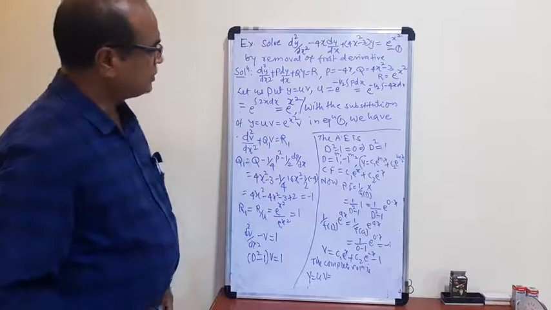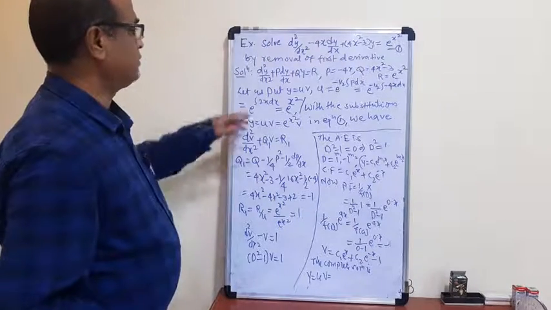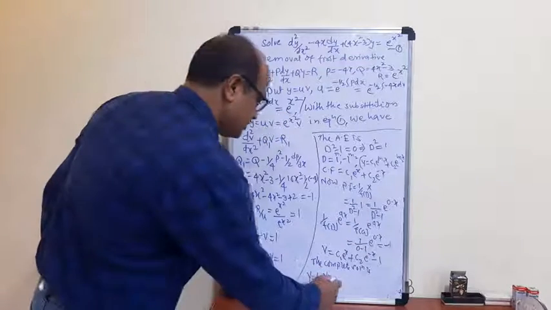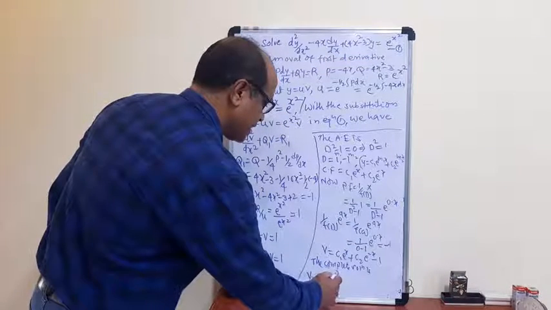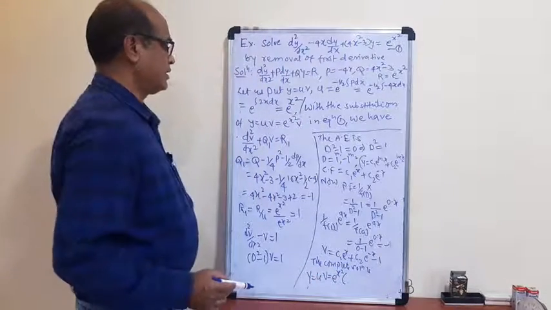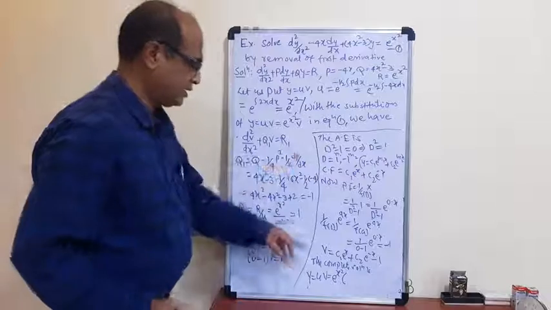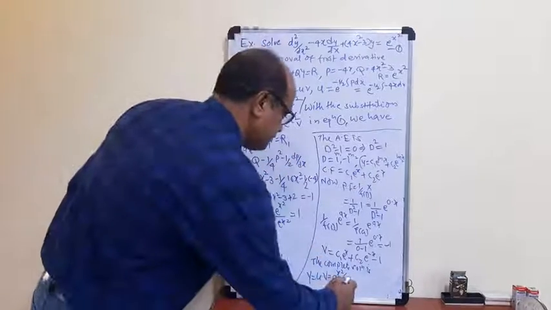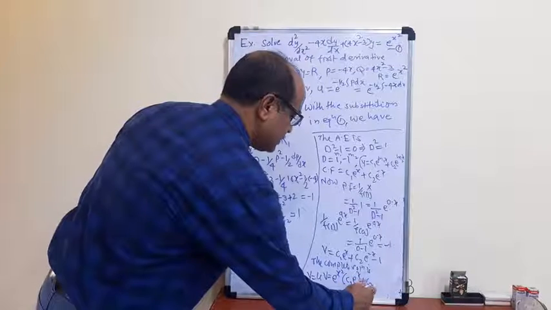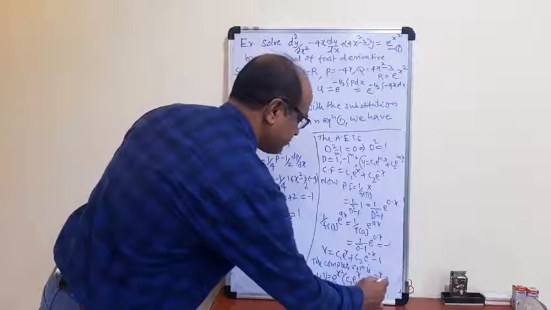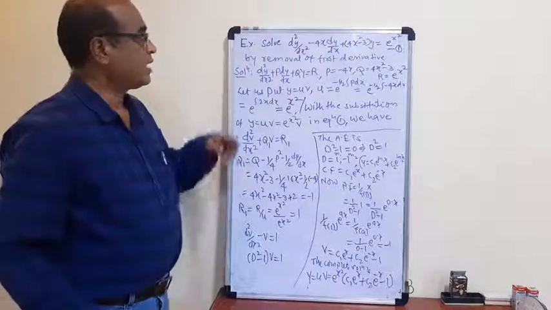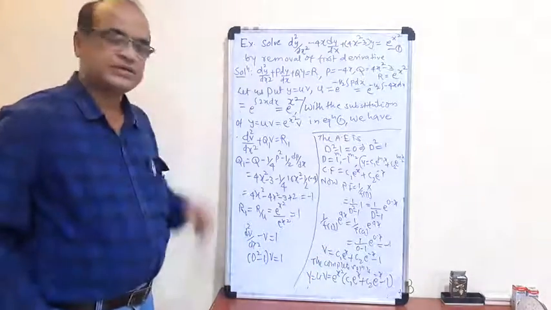What is u? U is e raised to x square. What is v? V is C1 e raised to x plus C2 e raised to minus x minus 1. So this is the solution of this differential equation.